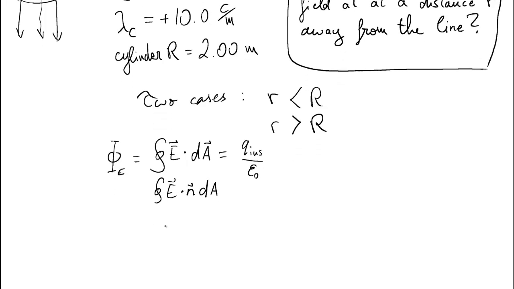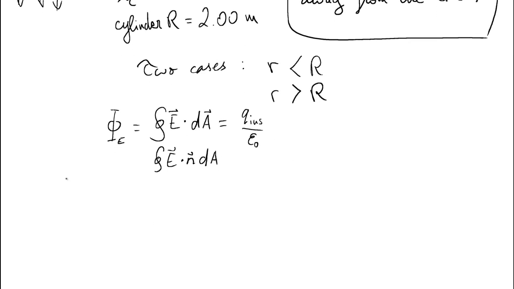But the most important thing to realize here is this sign here. And that basically means that we're going to be enclosing whatever object we're dealing with. And what's going to be important is everything inside of the Gaussian surface that we choose, which is why we get the charge inside here as a result.